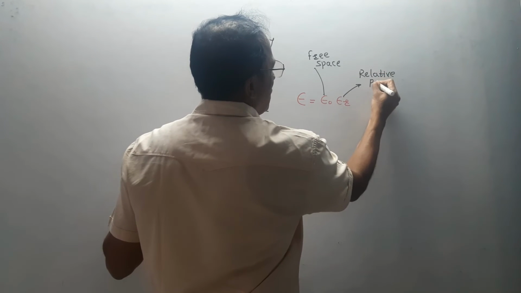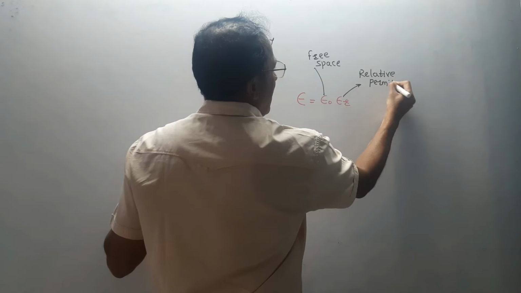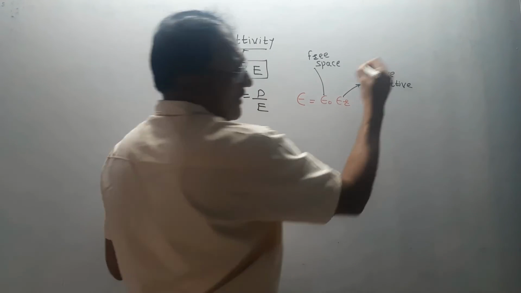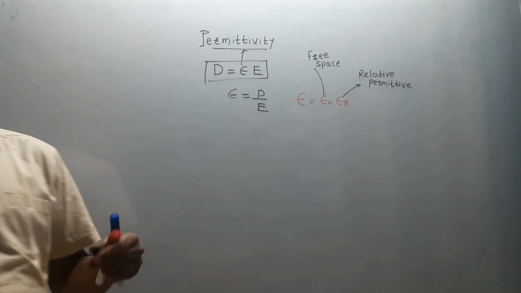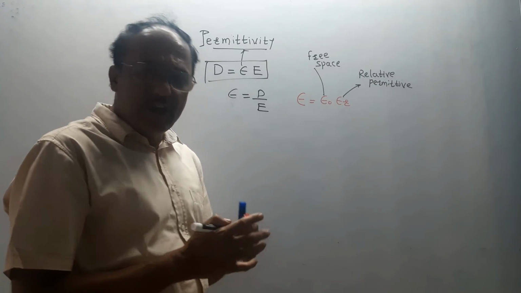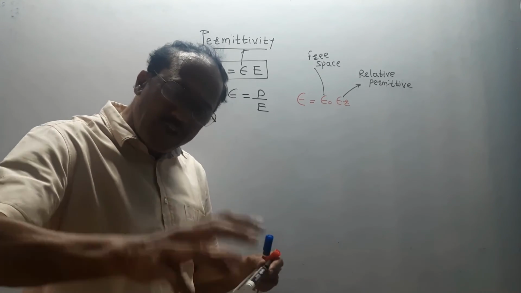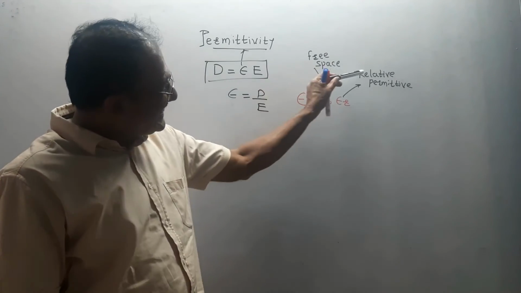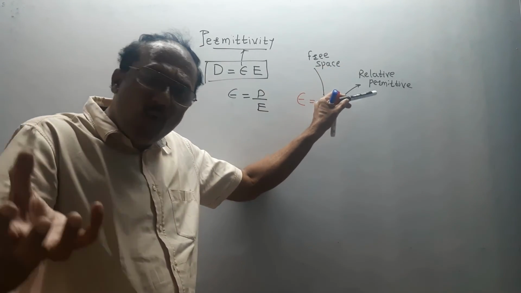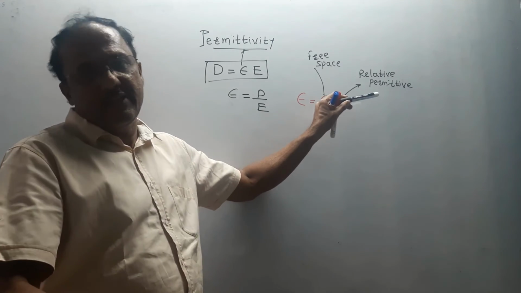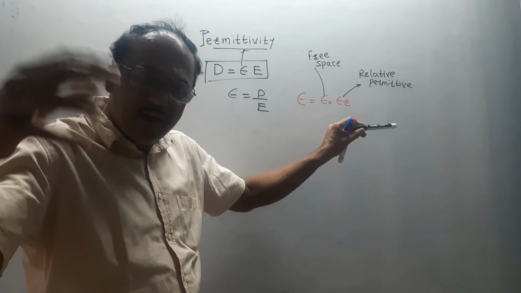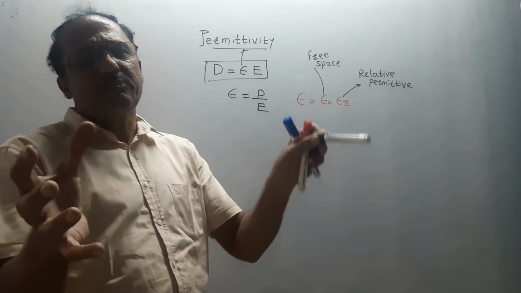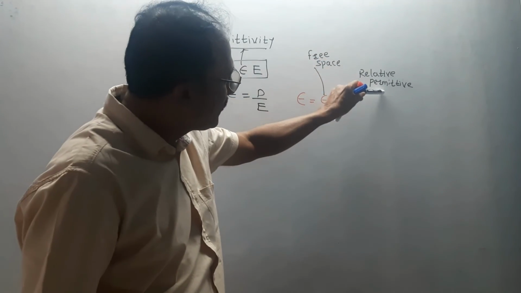What is this concept of relative permittivity? Every medium has a certain tendency to oppose the signals passing through it. It is always measured with respect to the tendency of opposition of free space. That is relative permittivity. That means how much permission, in simplified language, is given by that particular medium with respect to free space is relative permittivity.